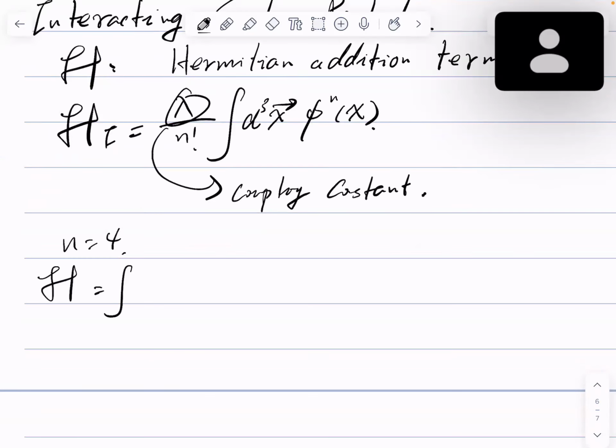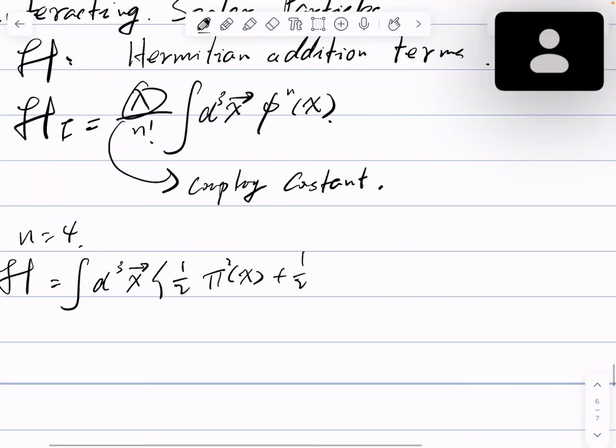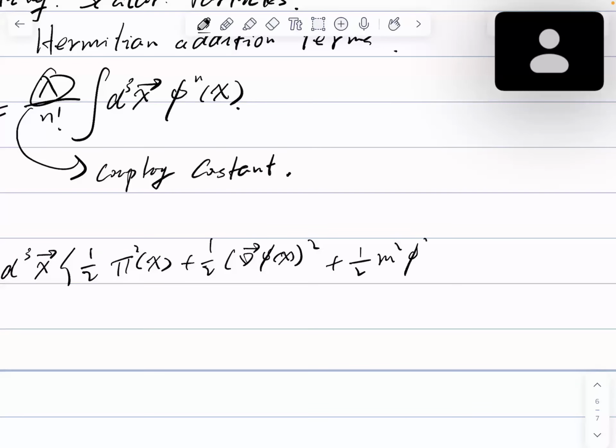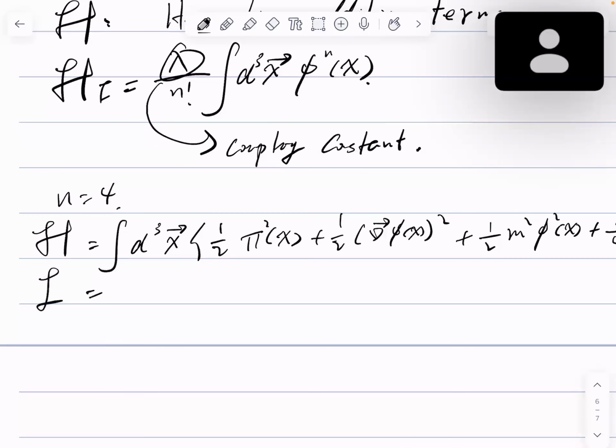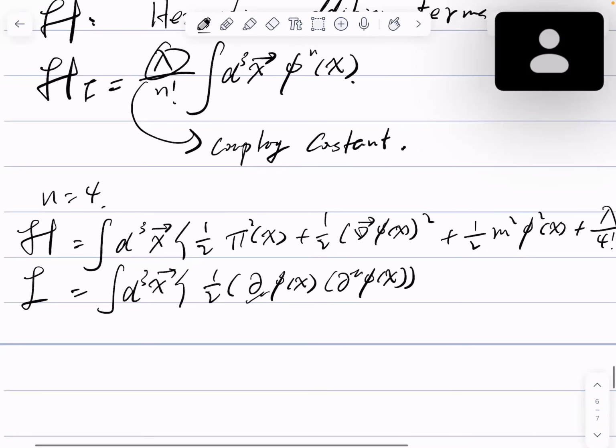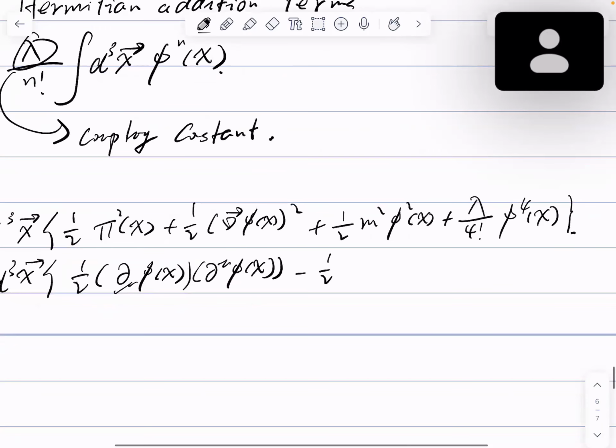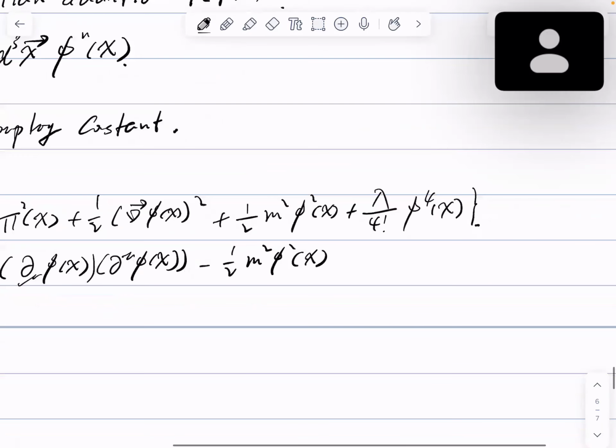The Hamiltonian is the integral of 1/2 π squared plus 1/2 (∇φ(x)) squared plus 1/2 m squared φ squared plus lambda over 4 factorial φ^4(x). And the Lagrangian is 1/2 ∂_μφ(x) ∂^μφ(x) minus 1/2 m squared φ squared minus lambda over 4 factorial φ^4(x).